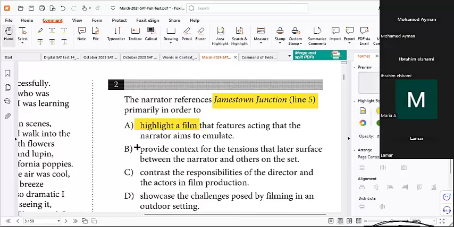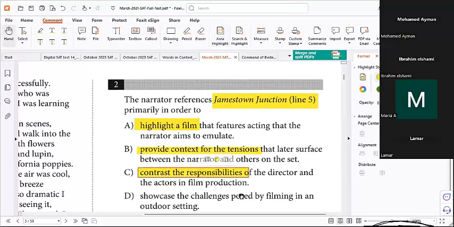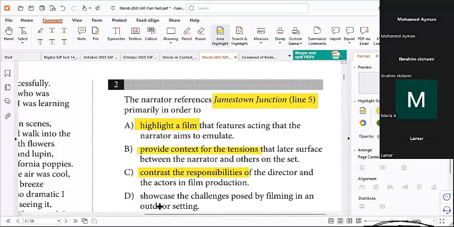to provide context for tension, or contrast, to show a contrast in the responsibilities of the director and actors in film production, or showcase the challenges posed by filming in outdoor settings.